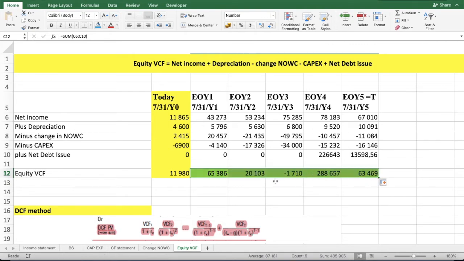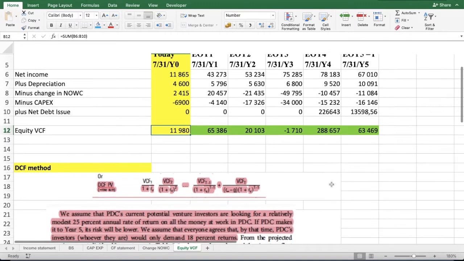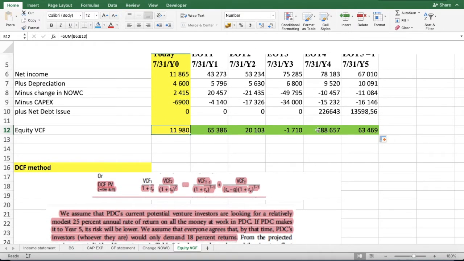Right? So the yellow color is for the present, while the green colors are for the projections for the future. Now we can use these cash flows in order to find the present value of the equity. To do that, we can use one of the following two techniques.